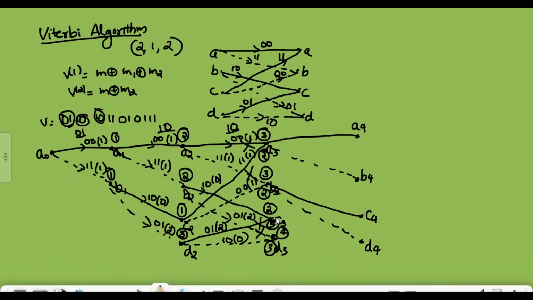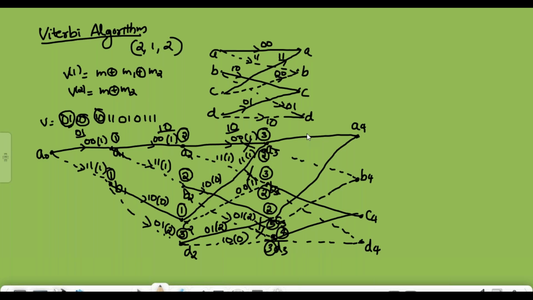Then again we would like to represent this. For C and D, write the outputs: from C to D output 0 0, 1 1, and here it is 1 0, 1.